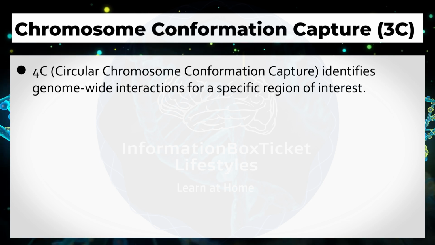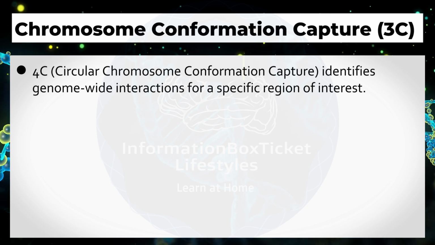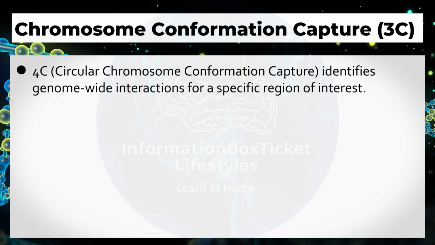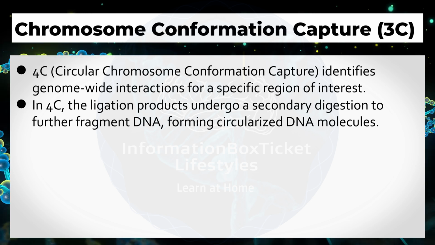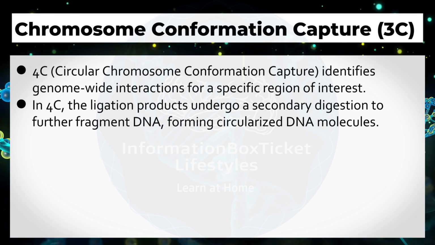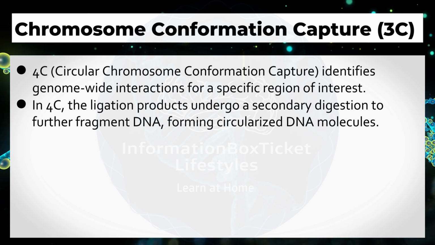4C, Circular Chromosome Conformation Capture, identifies genome-wide interactions for a specific region of interest. In 4C, the ligation products undergo a secondary digestion to further fragment DNA, forming circularized DNA molecules.